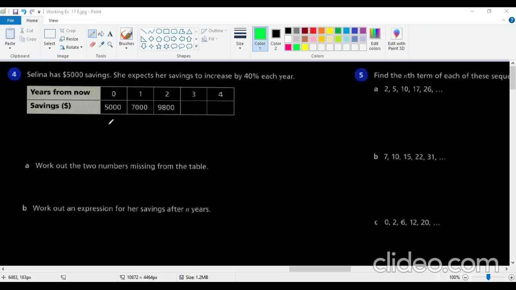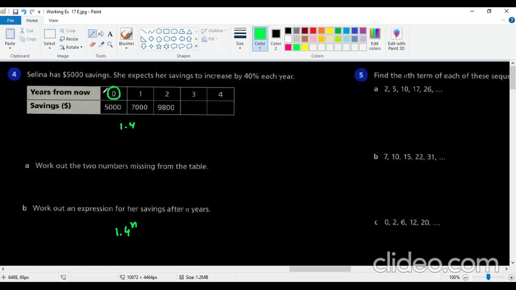In here, as you can see, when 7,000 is divided by 5,000, it's going to give you 1.4. And as soon as I get this number, I know very well that the expression that comes out is going to be 1.4 to the power n. And mind it, this is 0.